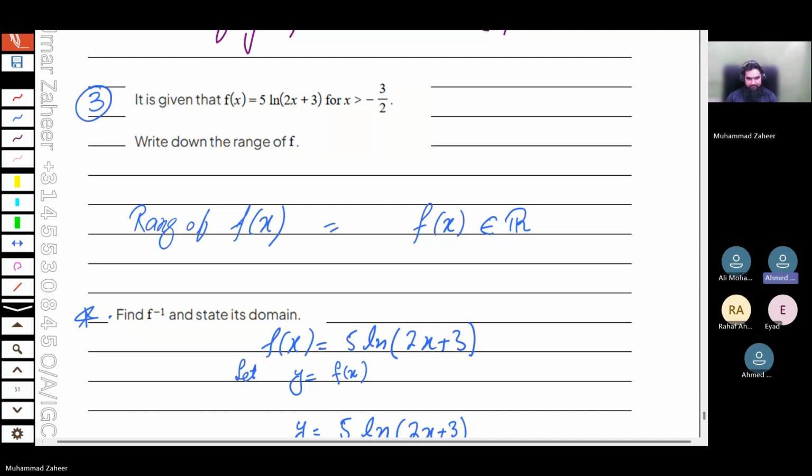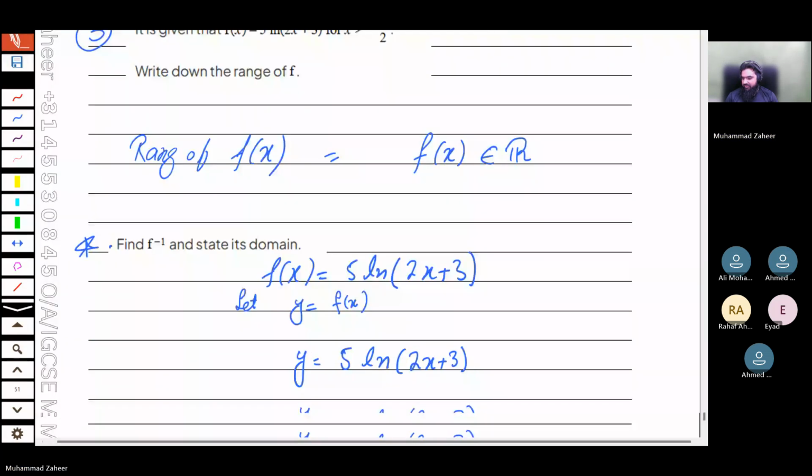Yes, Ahmed Hamza. The range of x will be x is greater than 0. Greater than zero? Range, I'm talking about range. All real numbers. Yes, all real numbers. We already found that the range of the function is all real numbers. So he says that you have to find the domain of the inverse function.